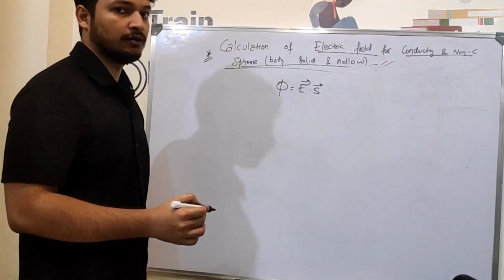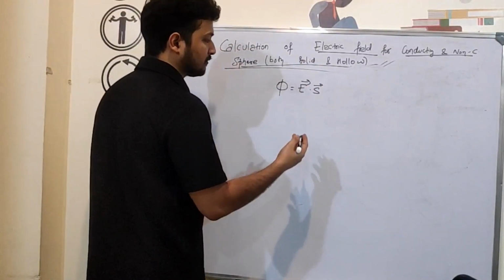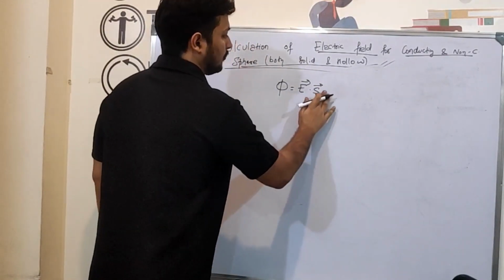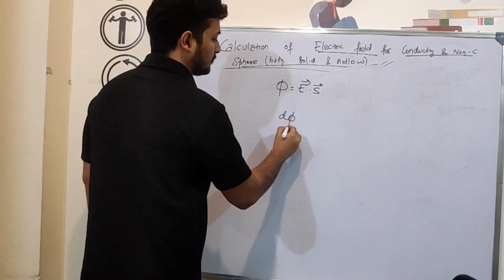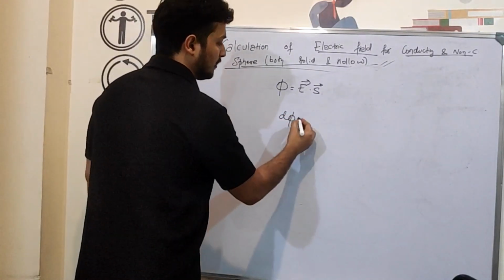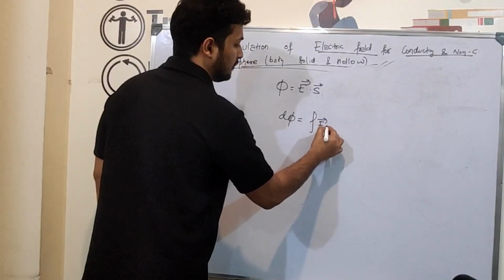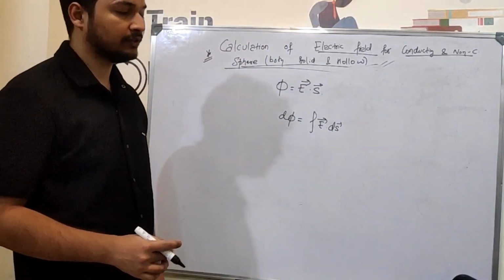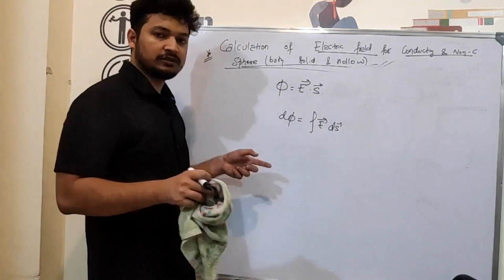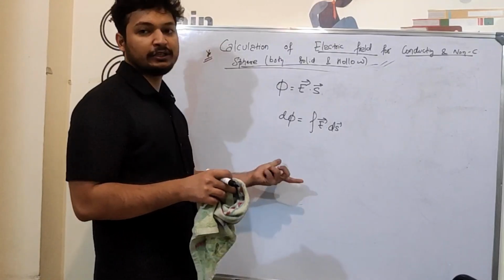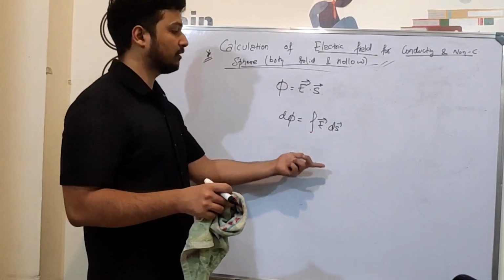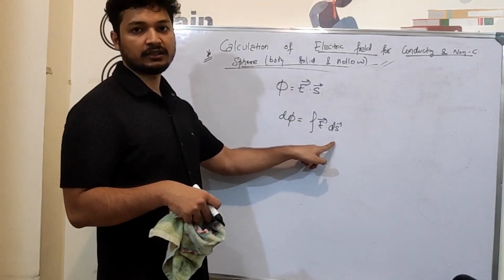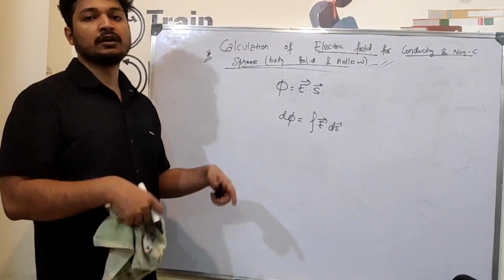If we don't know the surface area, we can calculate the infinitesimal amount of electric flux, and that value will simply be the integration of electric field multiplied by the elemental surface area. We are going to use these formulas. That's why it's important to point out the value of electric flux, how electric flux is related to electric field and surface area, and how it is connected to Gauss law.